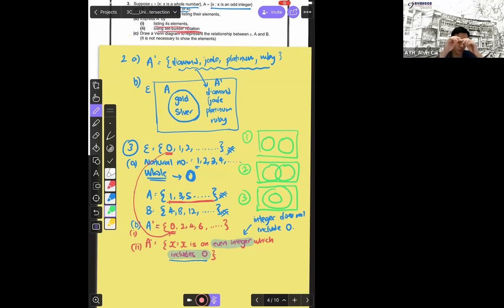Because we are now going to draw the Venn diagram for this particular set. Are we going to draw a disjoint set, where both have nothing in common at all, or are we drawing number 2, where there's something in common, or number 3, a proper subset? You can type in the group chat.